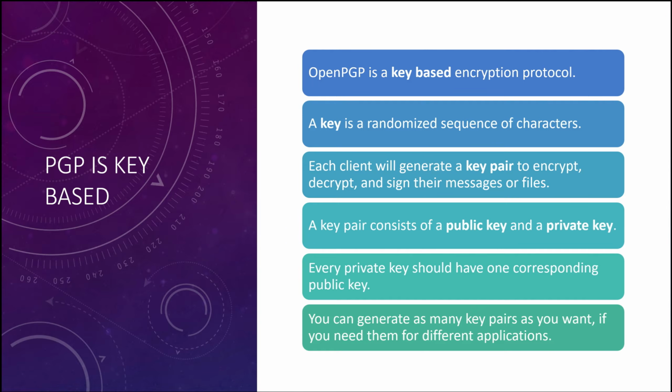Now, a bit more specifically, every key is part of a key pair. So whenever we generate keys, we're always generating two keys. We want a private key and a public key. Every private key has a corresponding public key, and we can generate as many key pairs as we want if we need them for different applications.